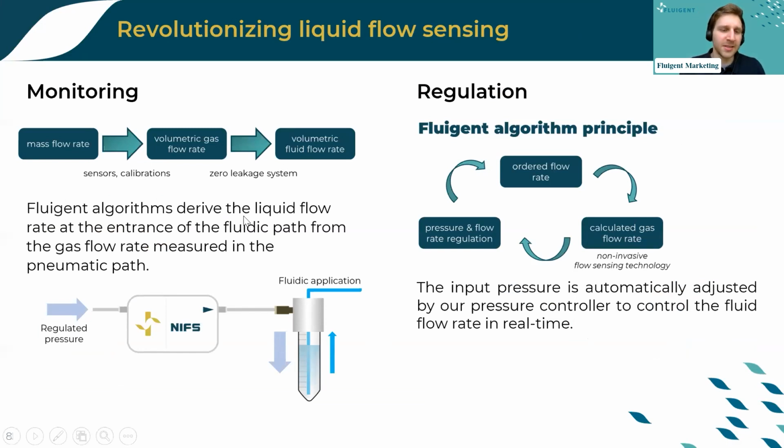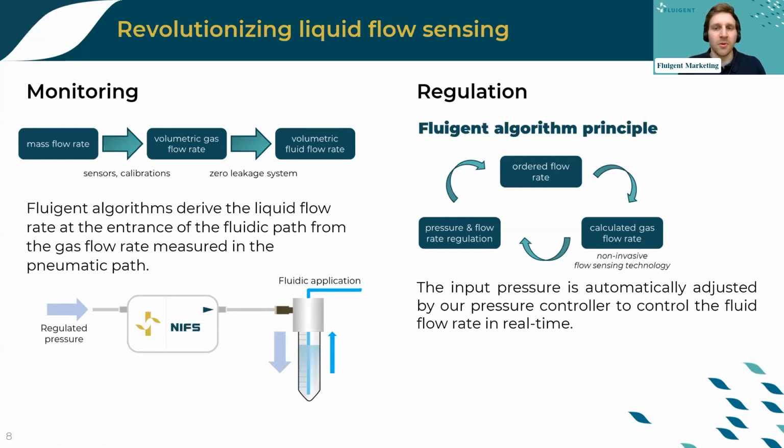And through a zero leakage system, we can deduce the volumetric fluid flow rate, because here we want to make sure that the gas flow rate is completely equal to the liquid flow rate. So for that, we need to make sure that there is no air leakage in the whole pneumatic system. This is why we developed a zero leakage system, so that the gas flow rate equals the liquid flow rate.